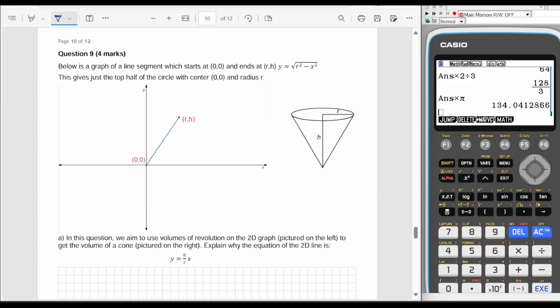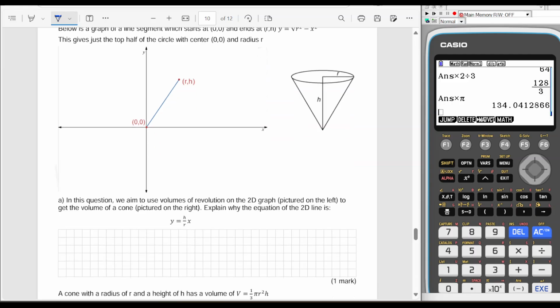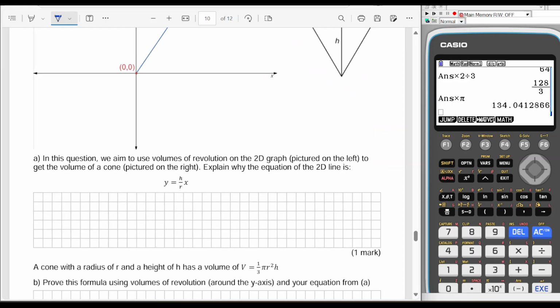We're going to prove the volume of a cone formula in this one. So we've got to explain why this line has that. So the equation of a line usually looks like y equals mx plus c. m is slope. c is the y-intercept. m is y2 take y1 over x2 take x1.